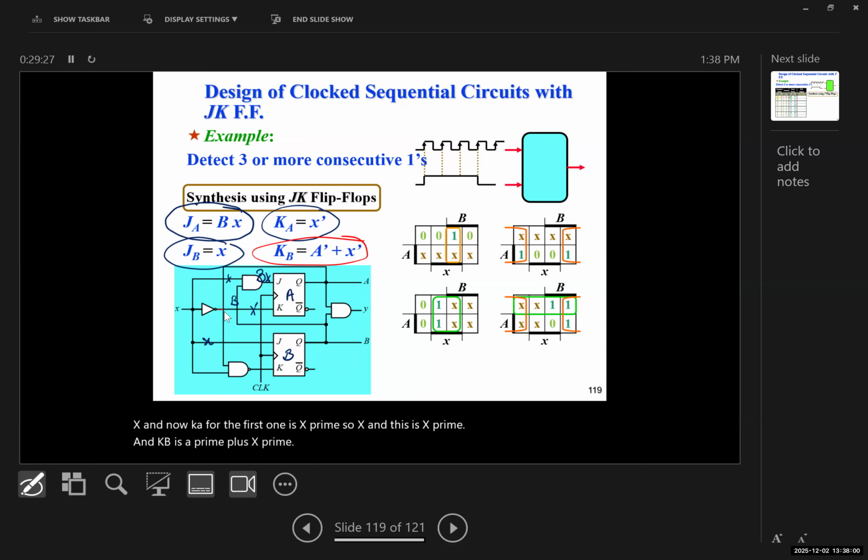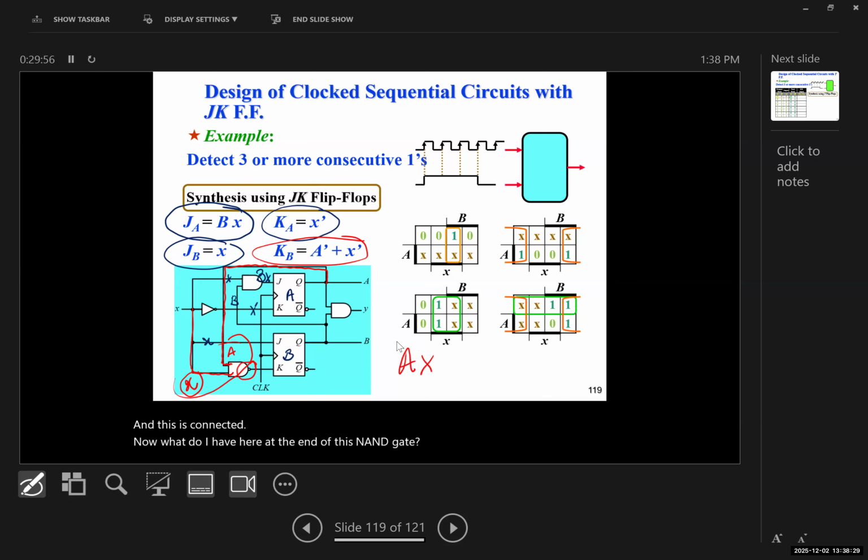Now this is connected to A, sorry. It's connected here to A. And this is connected to X. Now, what do I have here at the end of this NAND gate?